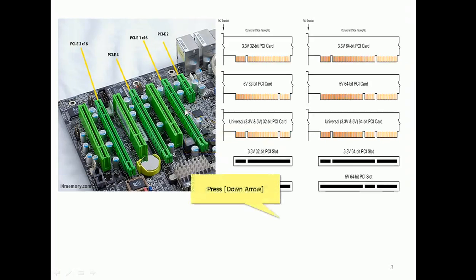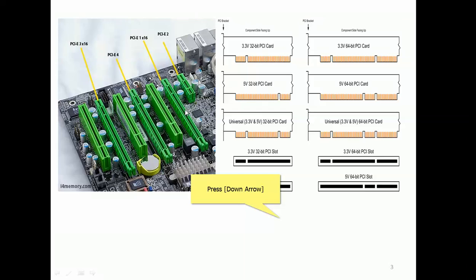Here we can see some examples. For example, a 32-bit card of 5 volts, which we can insert into the PCI slot. Also we can have a 3.3 volt 32-bit PCI slot. So that is a 5 volt card and a 3.3 volt card.